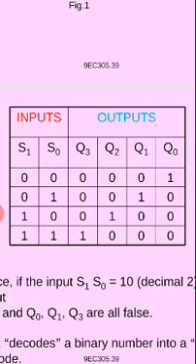For 1, 0 combination of input, Q2 becomes 1, Q3 remains 0, Q1 0, Q0 0.